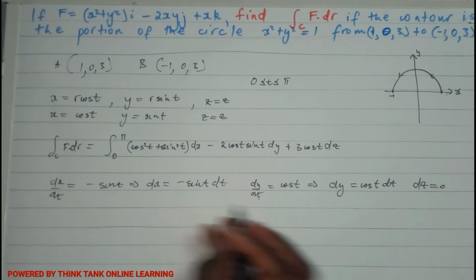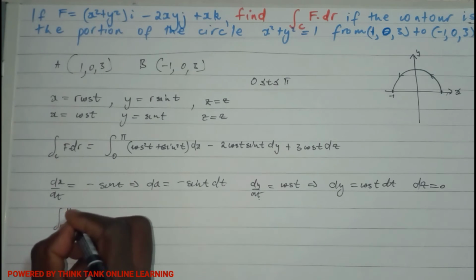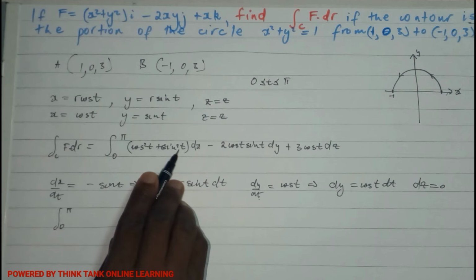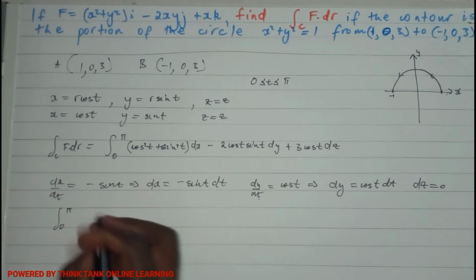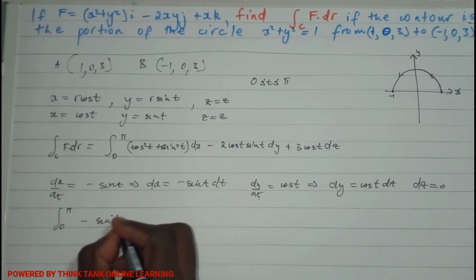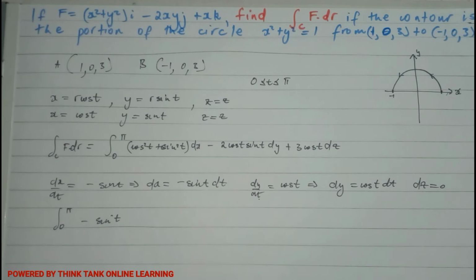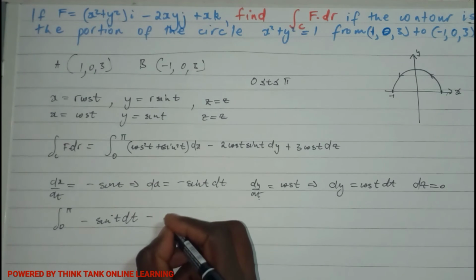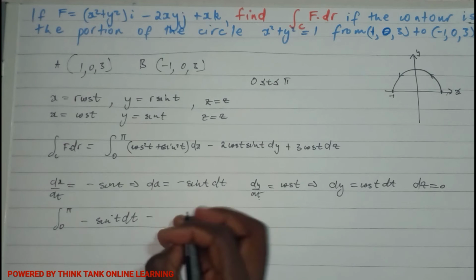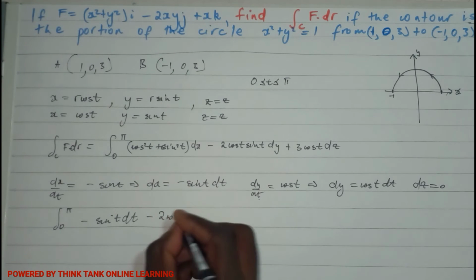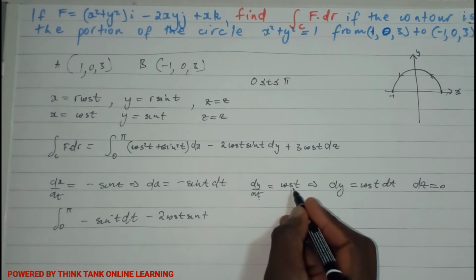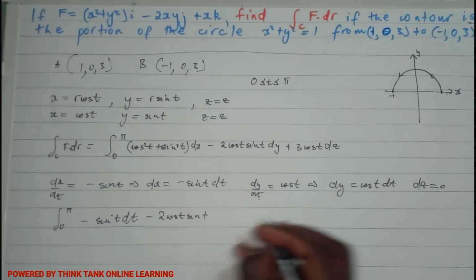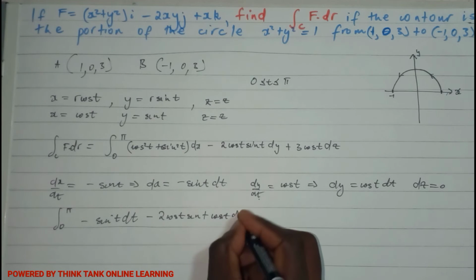Now let's go from 0 to pi: cos squared t plus sine squared t is equal to 1, and dx is equal to negative sine t dt. And here we have negative 2 cos t sine t, and for dy we have cos t dt.